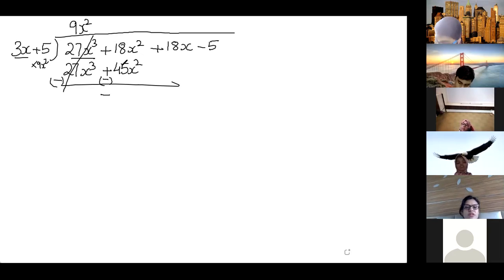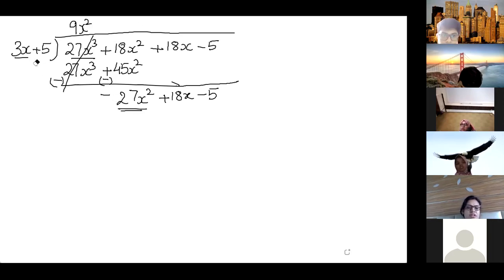What is the answer? From 15, 8 is gone. How much? 7, and from 3, 1 is gone, 2. So minus 27x square plus 18x and minus 5. All the terms will come down. Okay. Now divide again this by 3x.